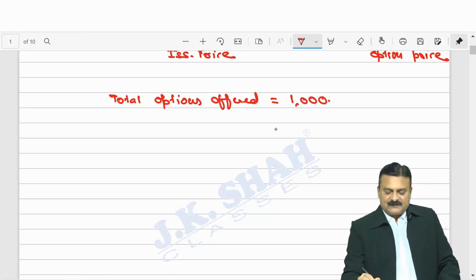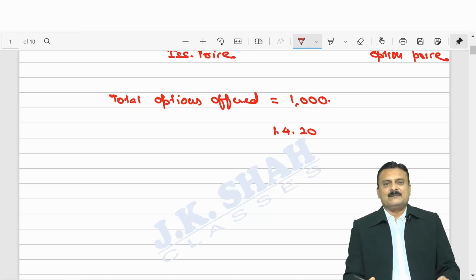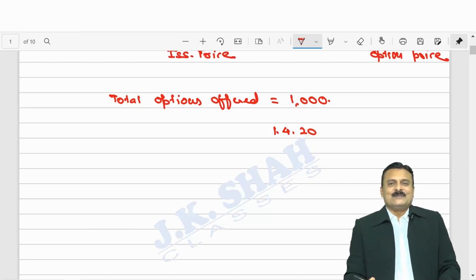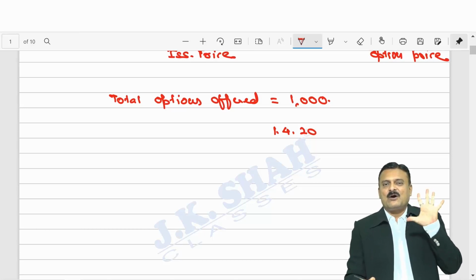Suppose the scheme starts, the offer is given on 1/4/2020. The company will offer the shares to employees saying that this ESOP scheme is now applicable, and employees, we are giving you 8 months time to decide. This scheme is applicable for 8 months, so from 1st April, May, June, July, August, September, October and November.